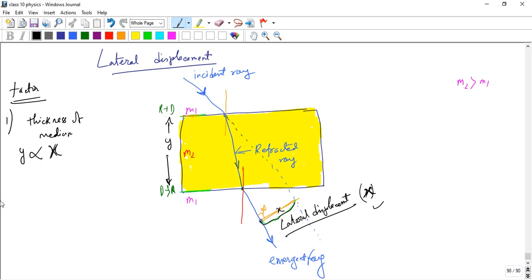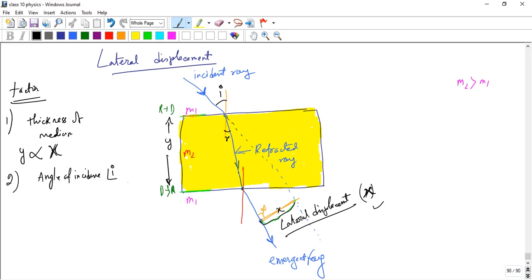Next factor is the angle of incidence. This is the angle of incidence, I, and that is called R, the refracted angle.